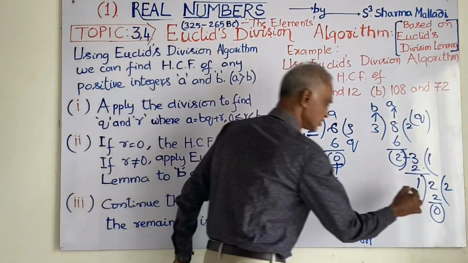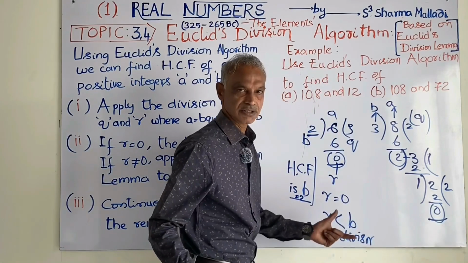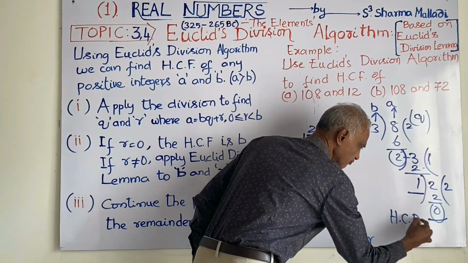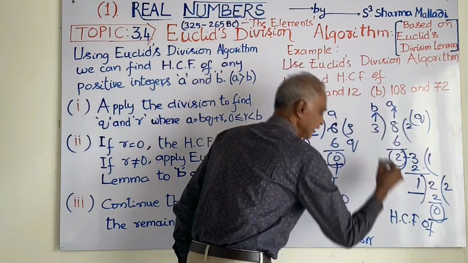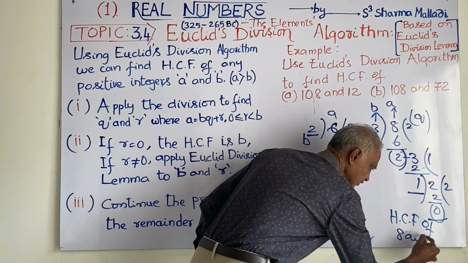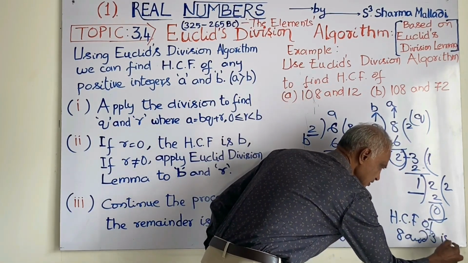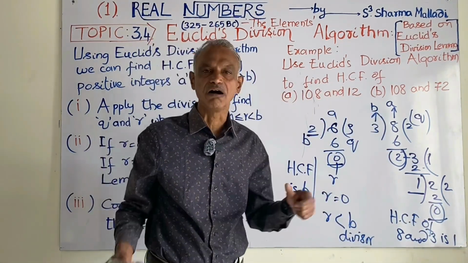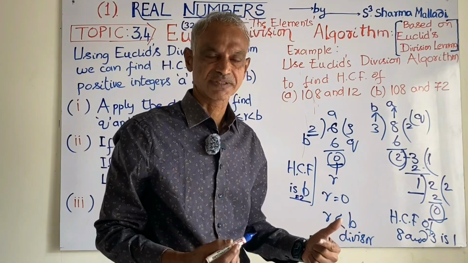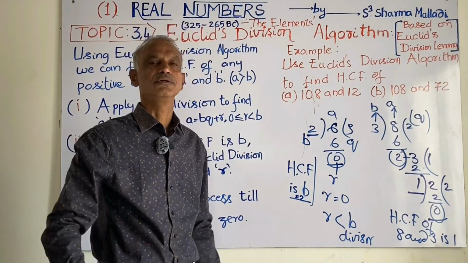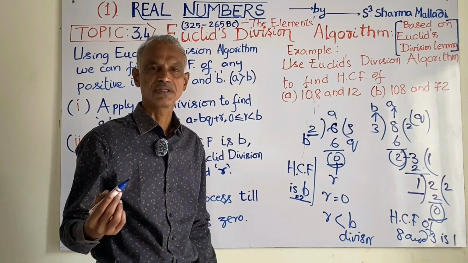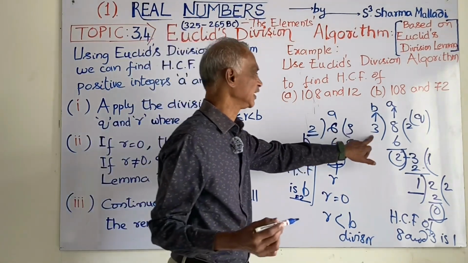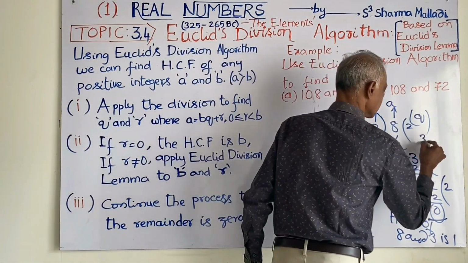That's why the HCF of 8 and 3 is 1. So 3 and 8 are co-primes. You already know, what is the HCF of co-primes? The HCF of co-primes is 1. That's why 3 and 8 are co-primes.